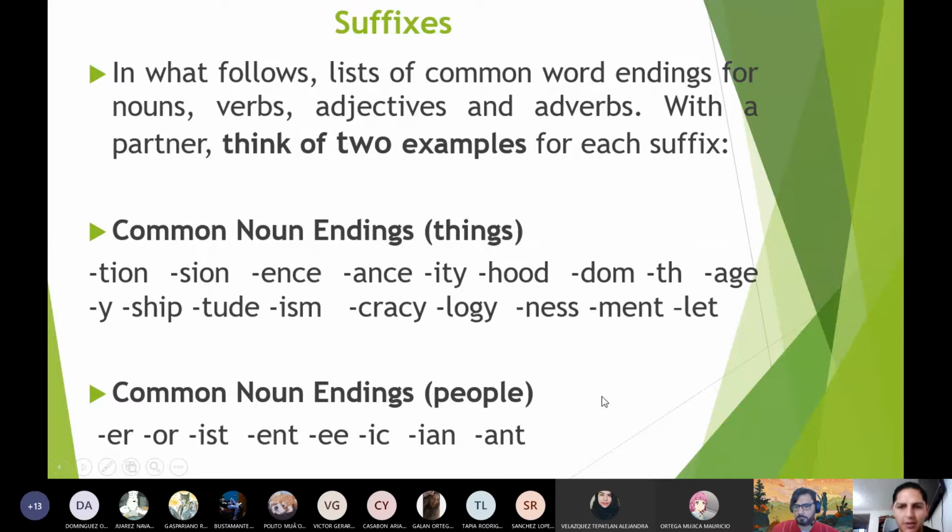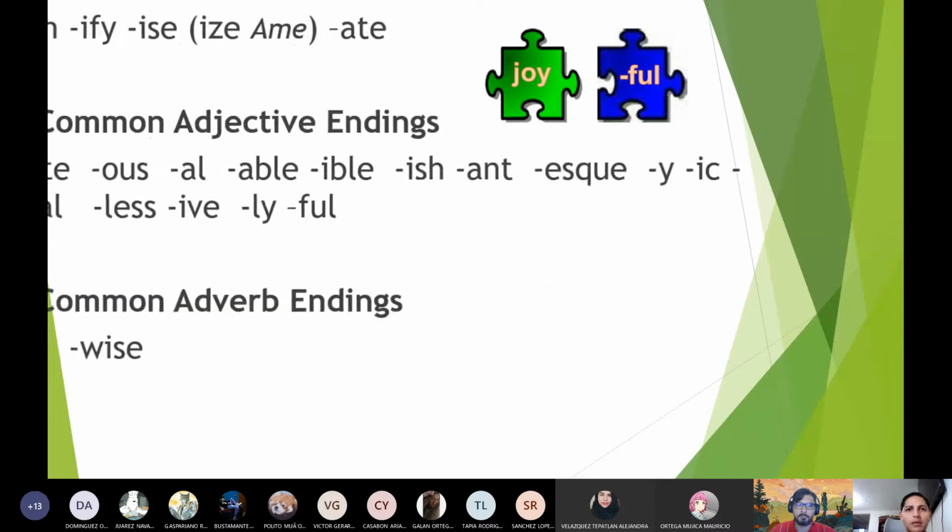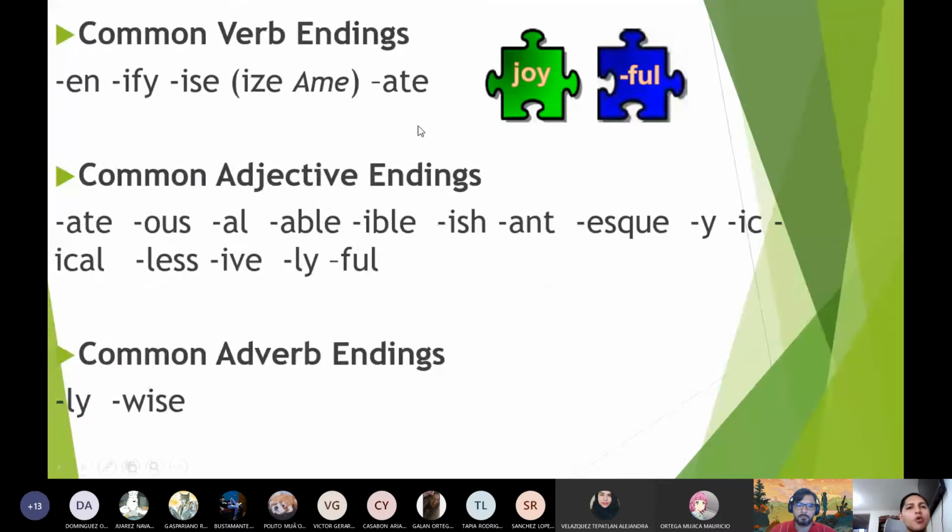Well, okay. So we also have this opportunity for separating now things and people, in order to work on the use of the words a little bit more. Now, let's go for verb endings.